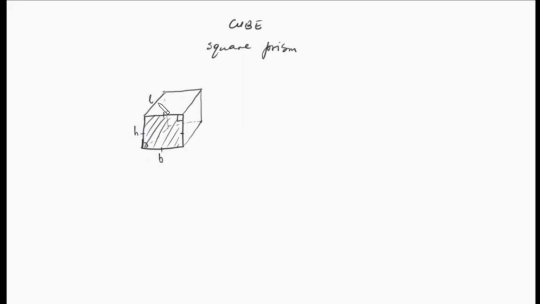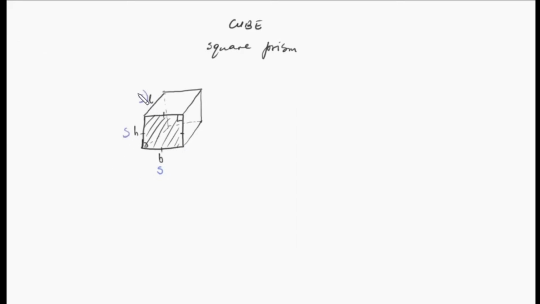So ultimately, let's not say this is the breadth, this is the height, this is the length. Let's just use S to say side. This becomes a side, a side, and a side.